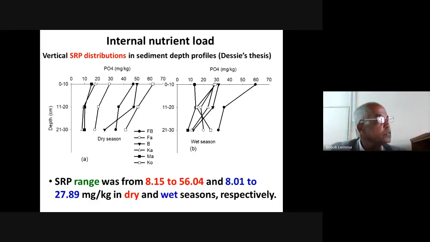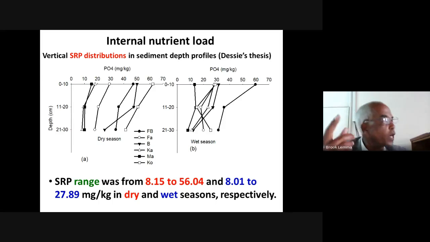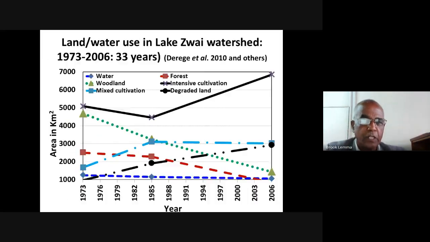Each time the nutrient level at the surface is very high, because this is a very shallow lake, there is complete overturn, top-down mixing of the water every day, so nutrients are always injected from the sediment into the water system. Not only does it come from the rivers, but also internally. The internal nutrient load is also very high in the lake.